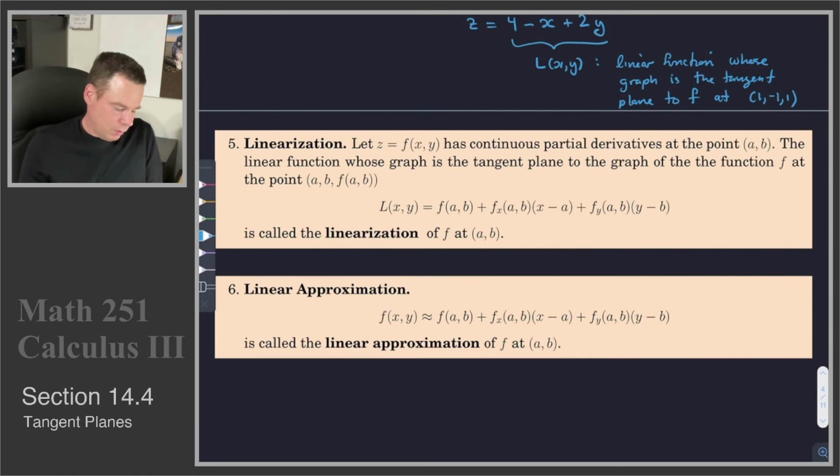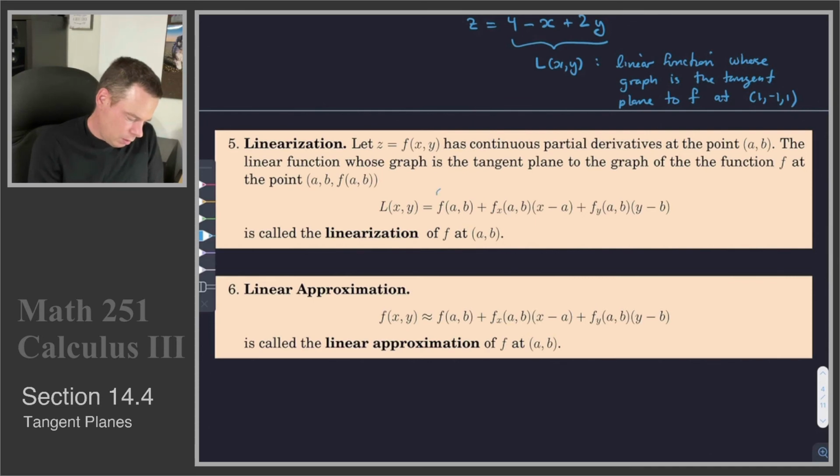So what is our definition of linearization? We start with a function f and assume it has continuous partial derivatives at the point (a, b). The linear function whose graph is the tangent plane to the graph of f at the point in question is called the linearization.